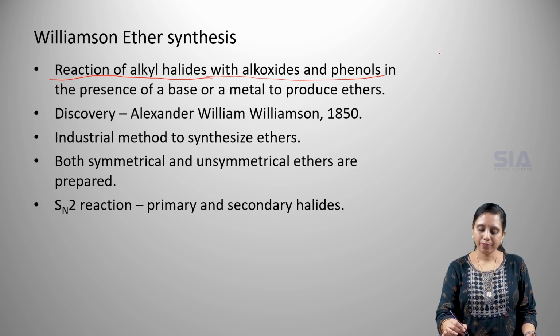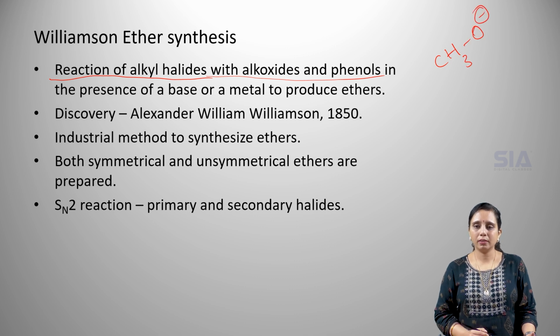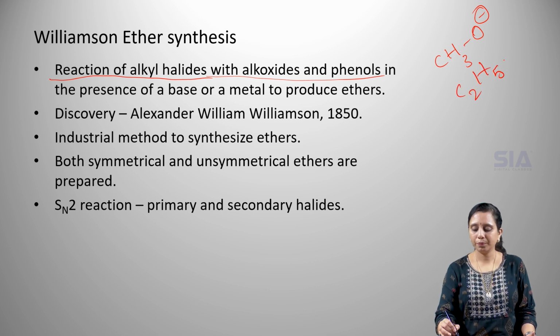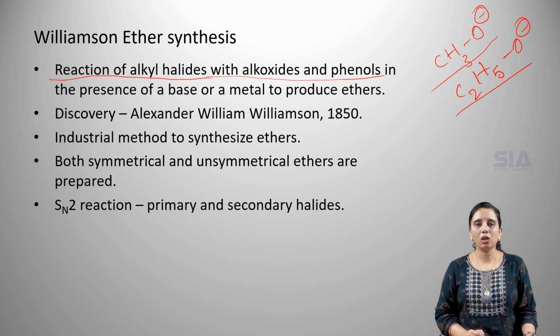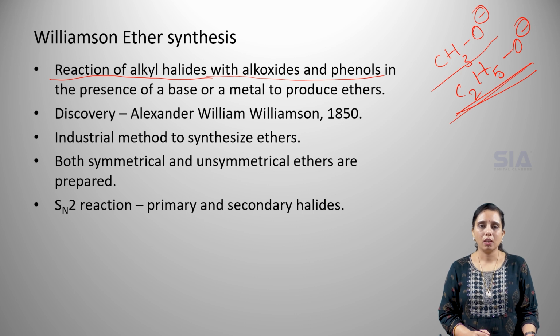Alkoxides can be written like this, the methoxide ion or ethoxide ion. These are formed from alcohols. From methyl alcohol we get the methoxide ion, and from ethyl alcohol we get the ethoxide ion.